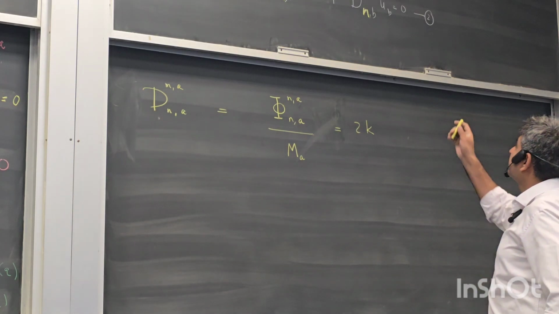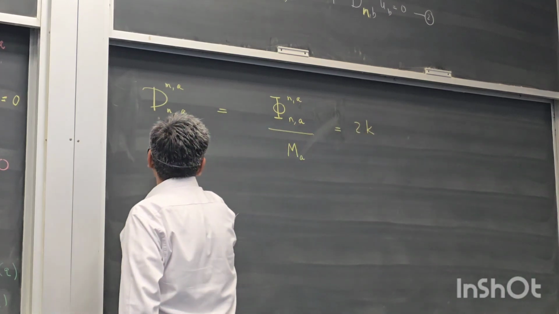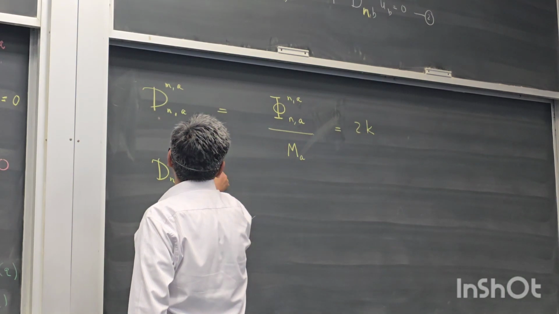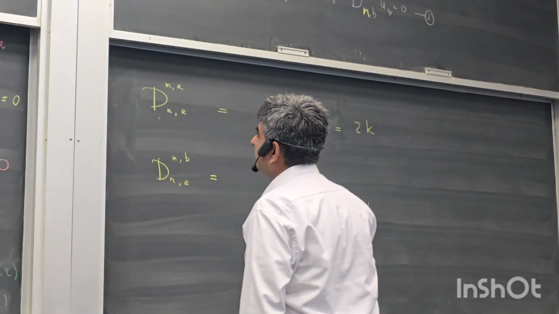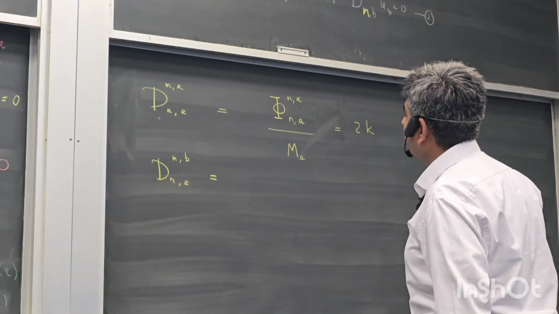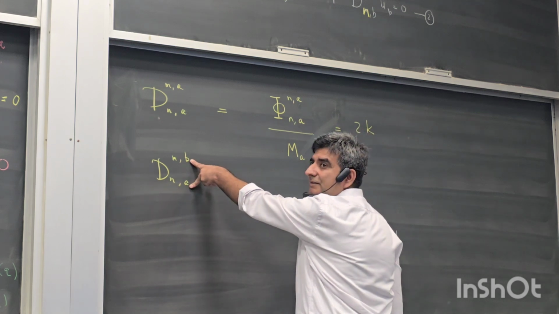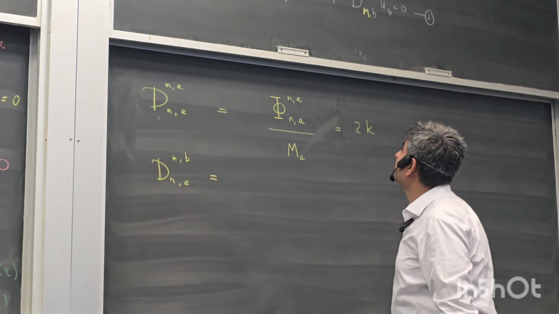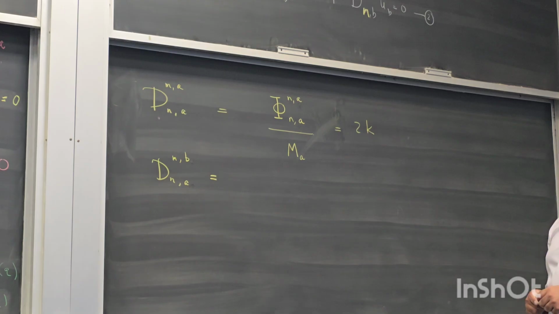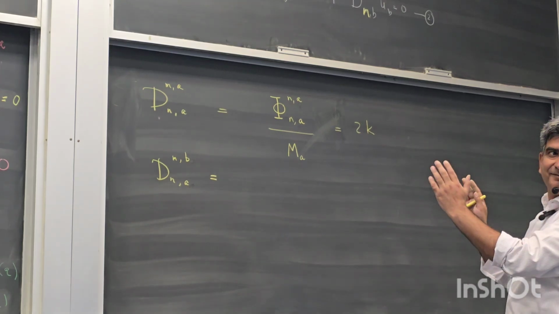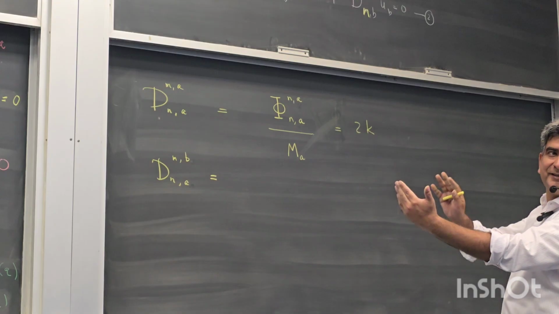Okay. This we already know is of this kind, 2K. Correct? Now the second term, D_NA MB. Now an A atom is connected with the B atom. So this can be in 2 different ways. An A atom can be connected with the B atom in the previous unit cell or in the same unit cell.